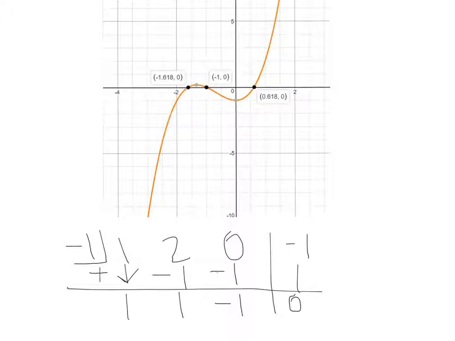So the quadratic that we're going to use for the quadratic formula is x squared plus x minus 1.